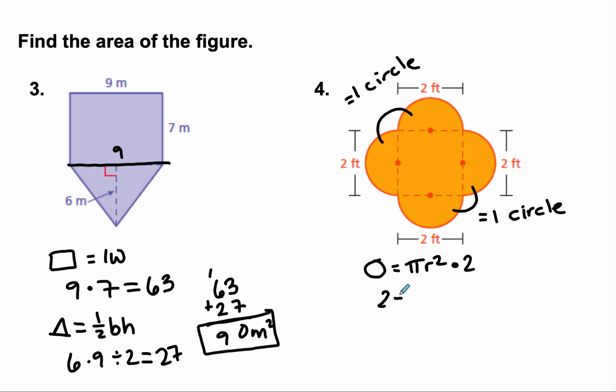We need the radius, so we do 2 divided by 2 gives us 1 for our radius. So we do 3.14 times 1 gives us the area of 1 circle. I'm going to just put in parentheses. That's 1 circle. Times 2, because there are 2 of them, it's going to give me 6 28/100ths for the circle areas altogether.